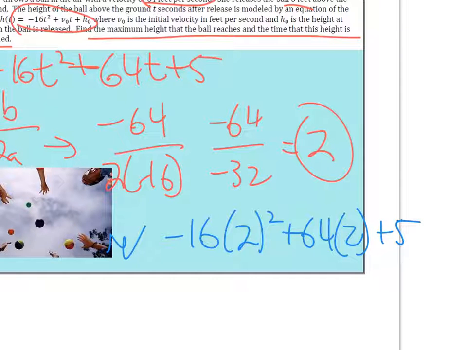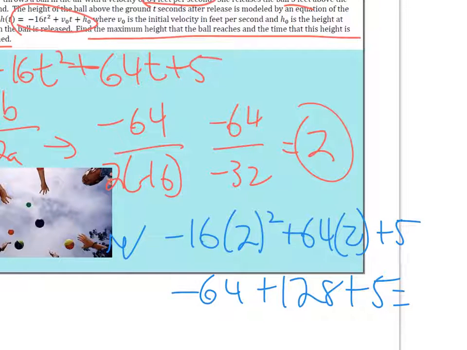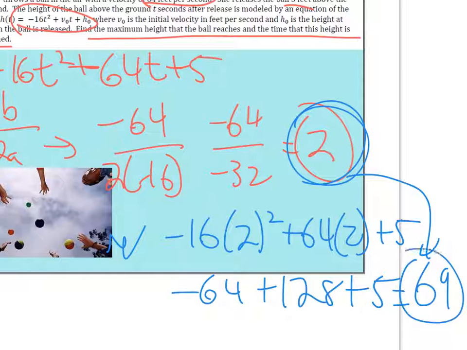So that'll be negative 64 plus 128 plus 5. So 128 minus 64 plus 5 gives me 69. So after 2 seconds, it's 69 feet in the air. That's my answer. That's my solution right there.